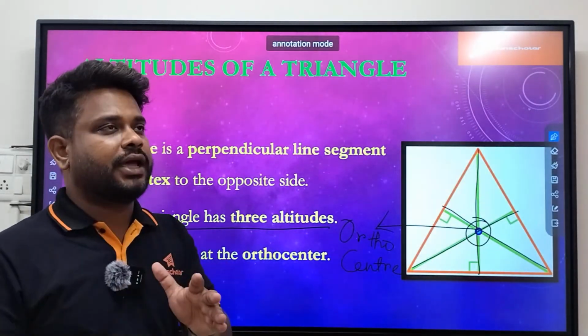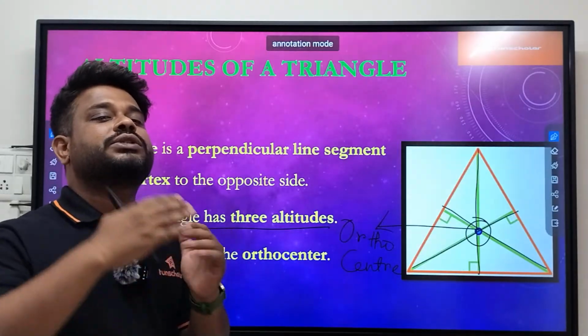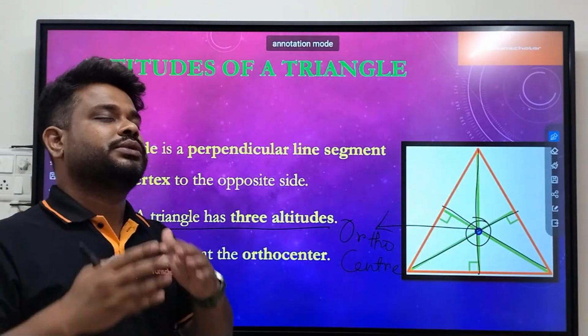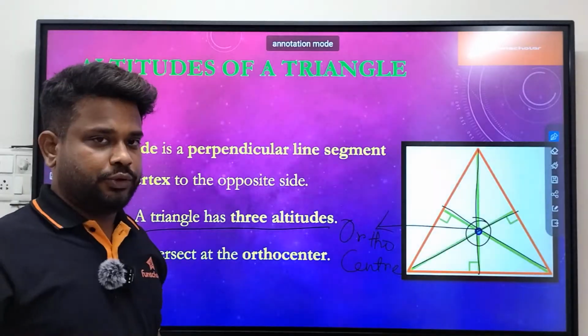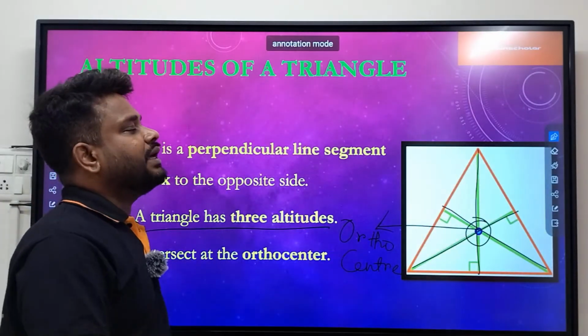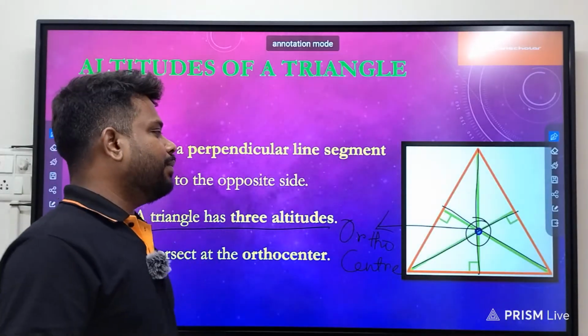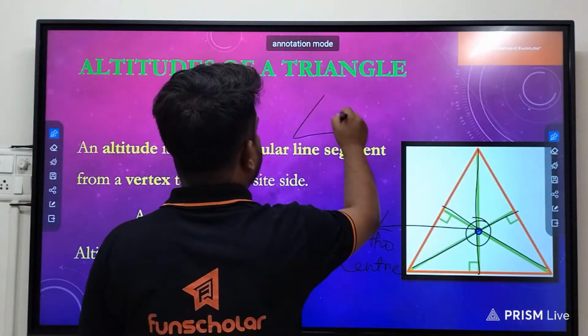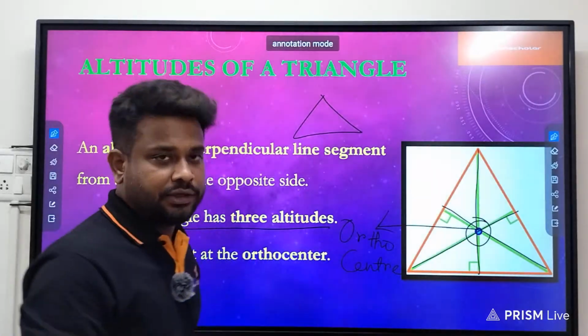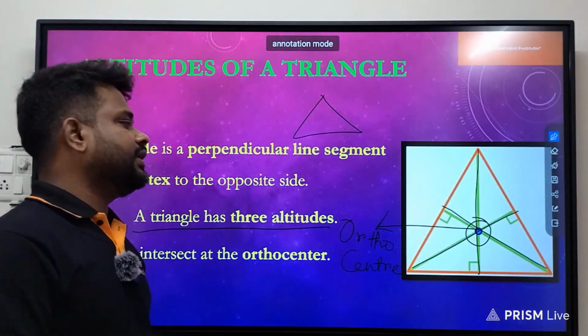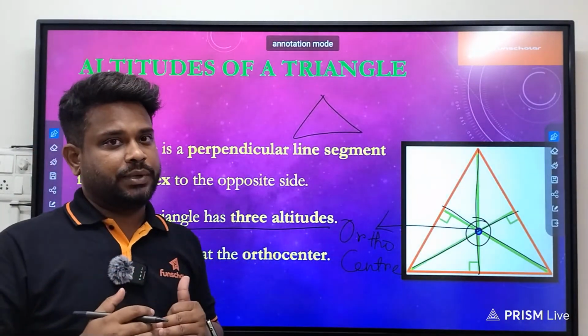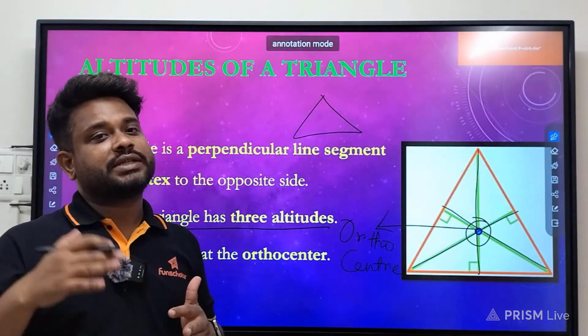There are types of triangles where altitudes can be drawn, and types of triangles where medians can be drawn. There are many examples where altitudes and medians both can be drawn, but the centroid and orthocenter will not be in the same place. Okay, we will discuss it later.